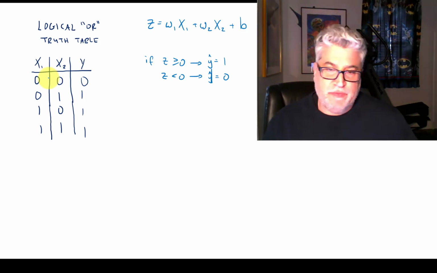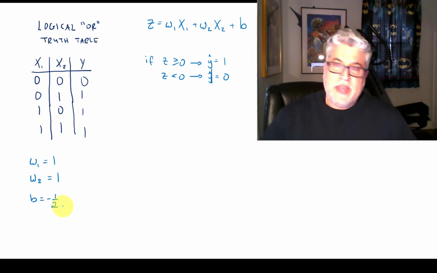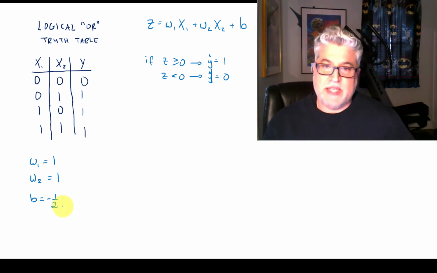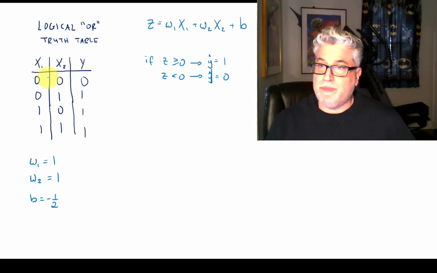So let's try out the following for size. Let's try W1 is equal to 1, W2 is equal to 1, and our bias is equal to -0.5. That should be enough to get us to mimic this logical OR truth table.